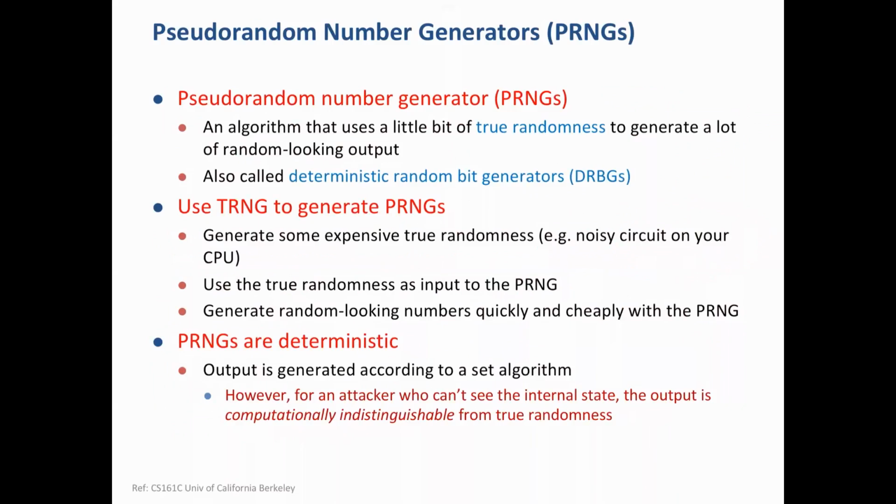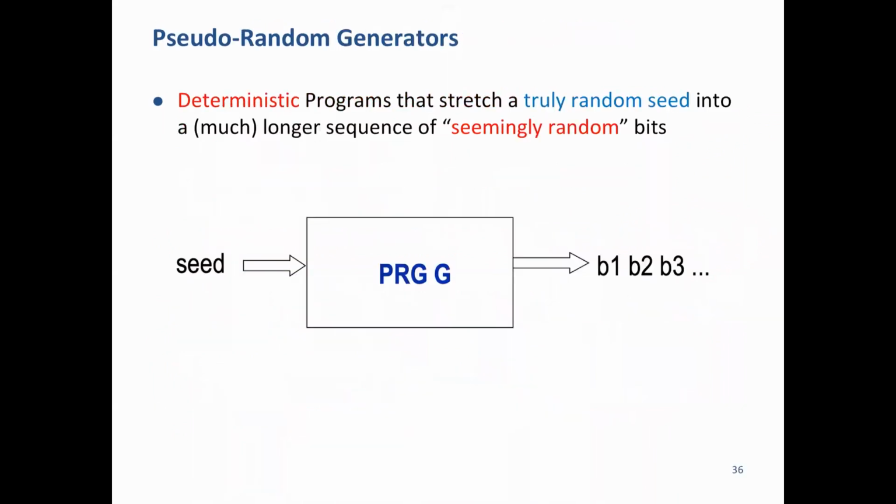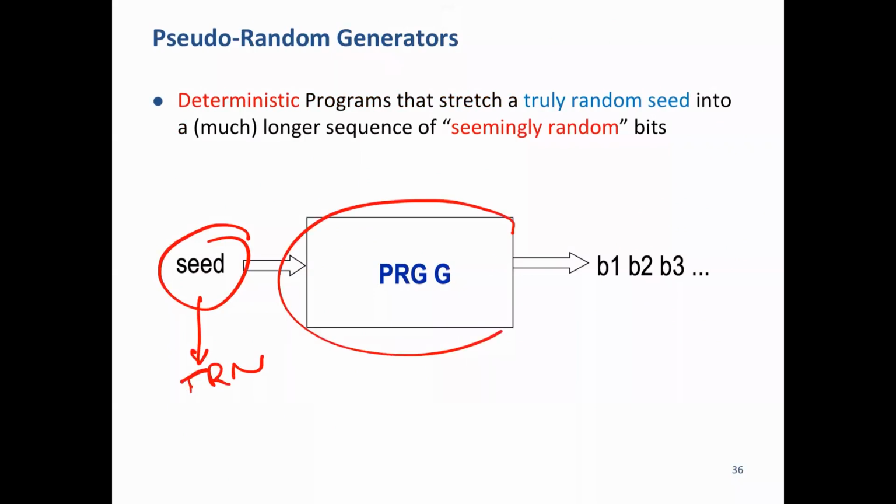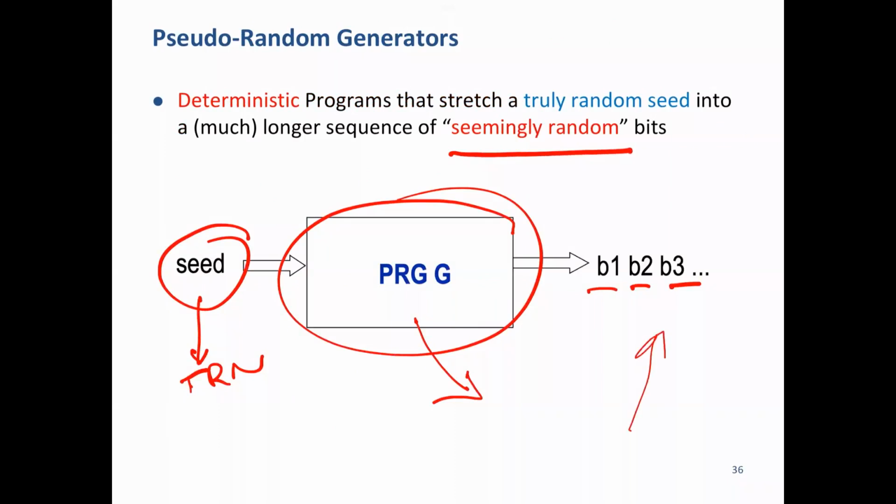Now in the next class we'll study what the methods are. We take the seed, which is a true random number, and from that you write a program. This will generate pseudo random numbers which seem random to Eve. If Eve sees these numbers, for her they will look random.